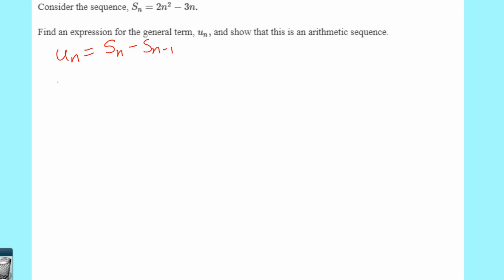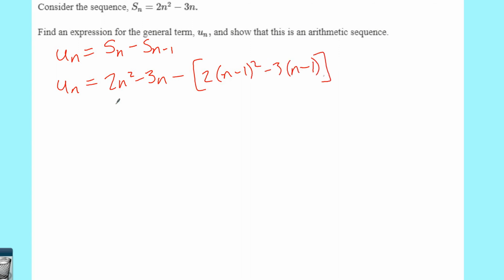Okay, so the nth term, well, we know what S sub n is. It's 2n squared minus 3n. Then we subtract the n minus 1 sum. So that's going to be 2 times n minus 1 squared minus 3 times n minus 1. And we literally work it out. Watch your signs.